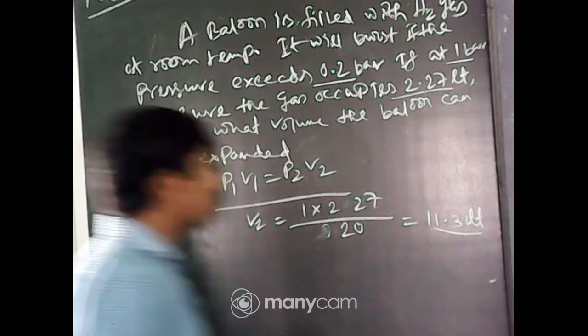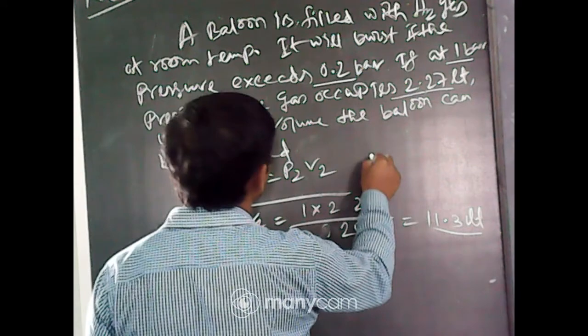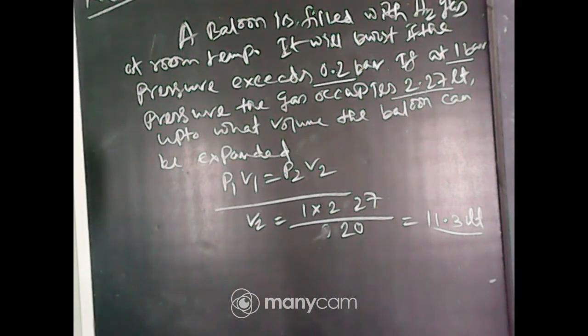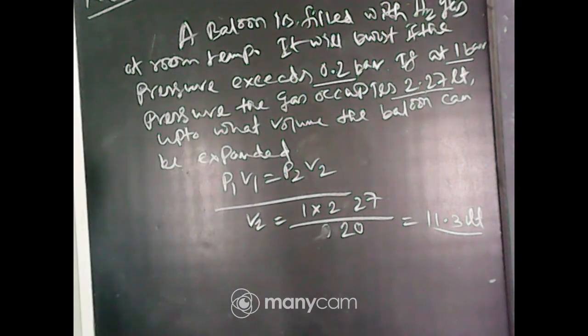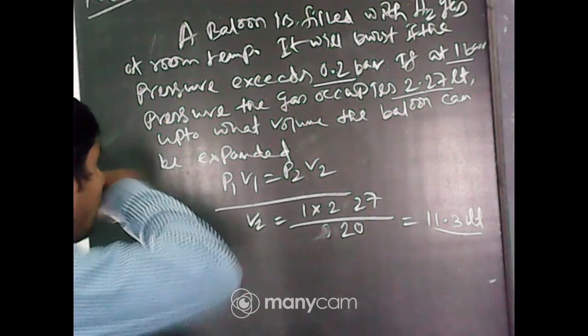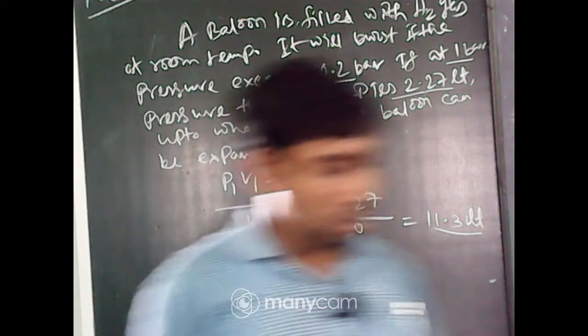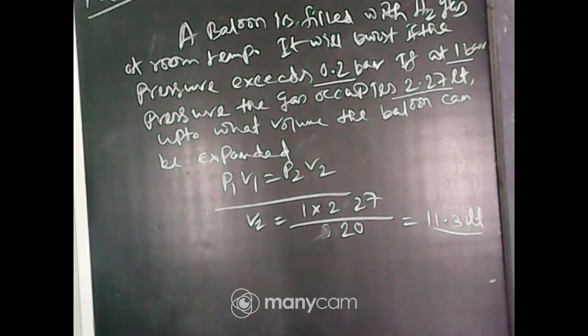So, it is the answer. P1 V1 equals P2 V2, P1 and V1 are the initial and V2 is the final. Okay. Clear? The problem has a long description, but the answer is very small.